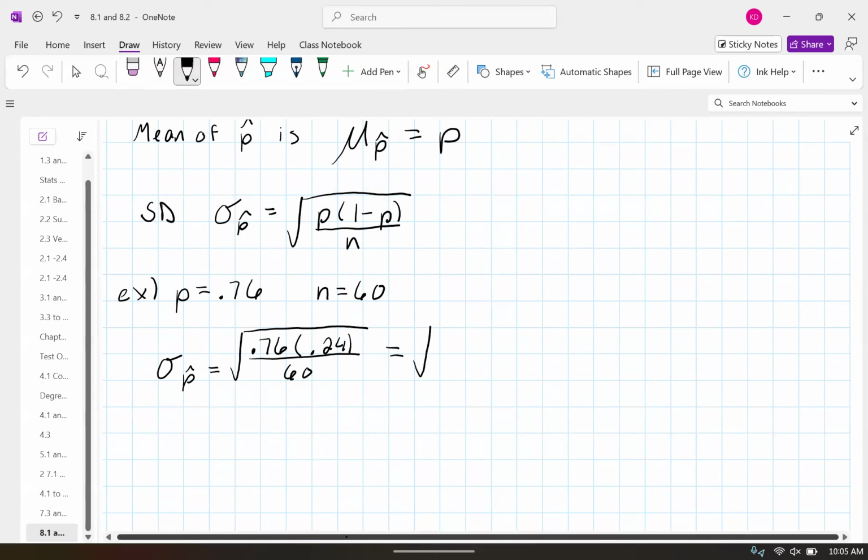So 0.76 times 0.24 divided by 60. This gives me a very tiny 0.00304, and there's probably more decimals, but I'm not going to write them down. Square root that, and I get 0.055.